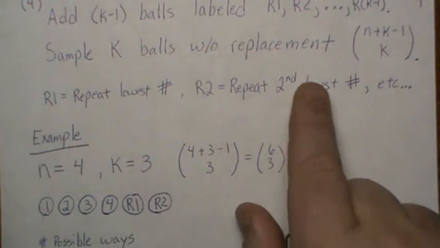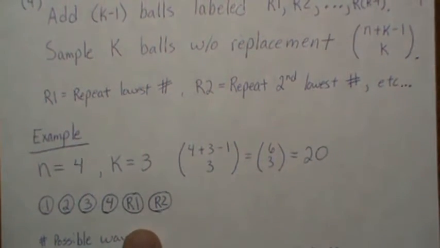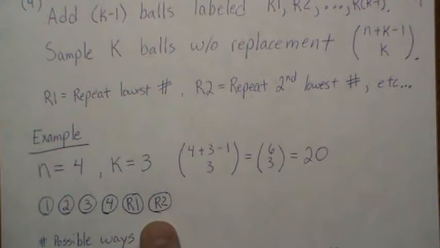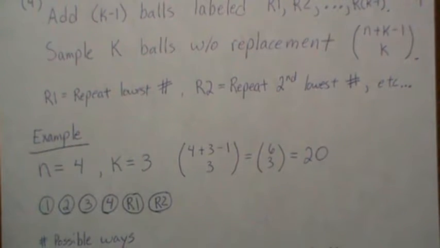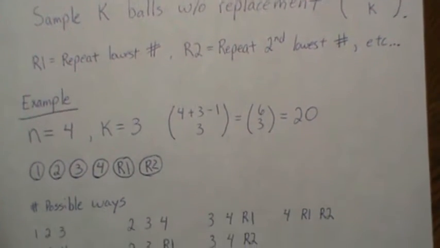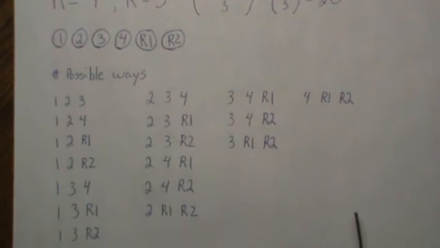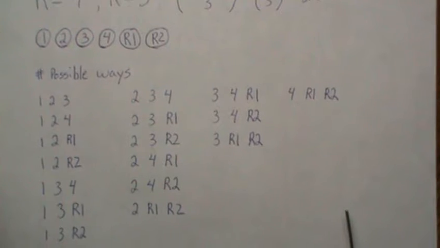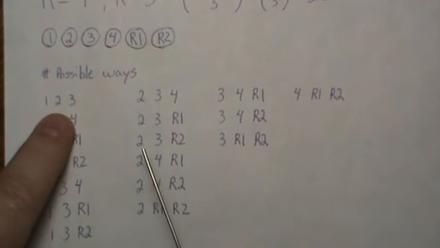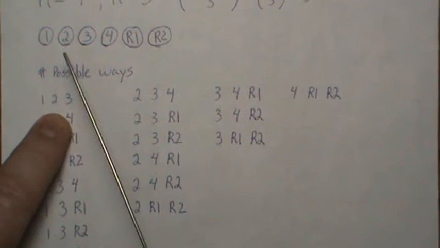But if we use this method up here where we add k minus 1 balls labeled R1, R2, and then sample these without replacement, so once we draw it, we're not putting it back. Let's look at the number of ways to do this, and this is without replacement.